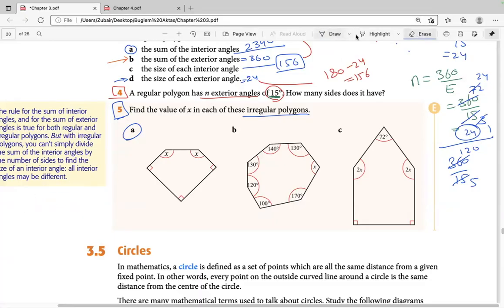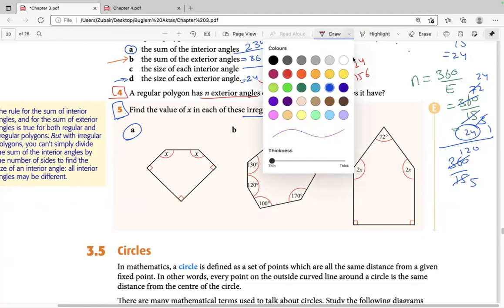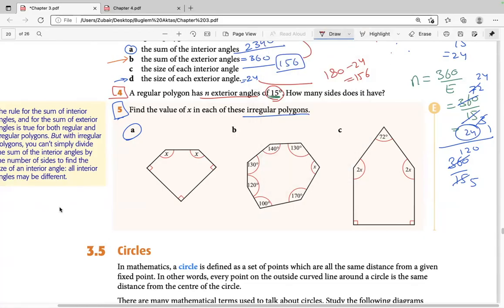Will you guide me through your process? Well, I know that it's a five-sided shape, a polygon. 540 would be the total sum of all the angles. And there are three 90 degree angles, so 90 times 3 is 270. That's good.